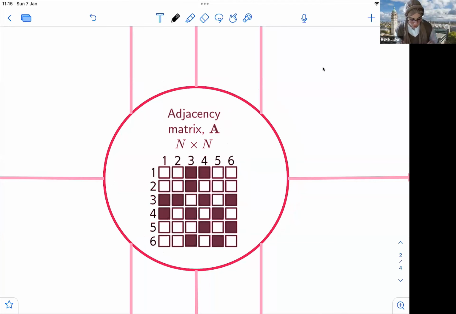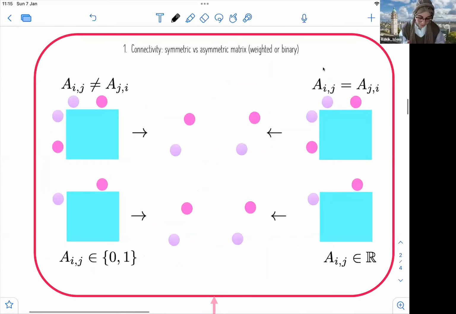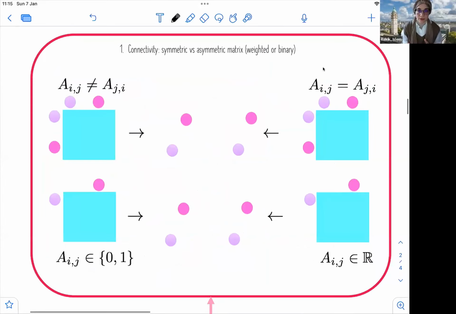And let's start with the first simple property, which is, as I mentioned earlier in the first part, we had directed, undirected graphs, weighted, and binary graphs. And here we'll see that an undirected graph actually has a symmetric matrix.